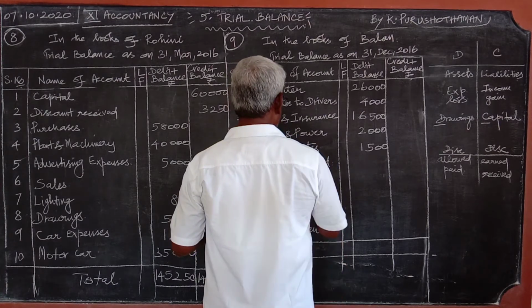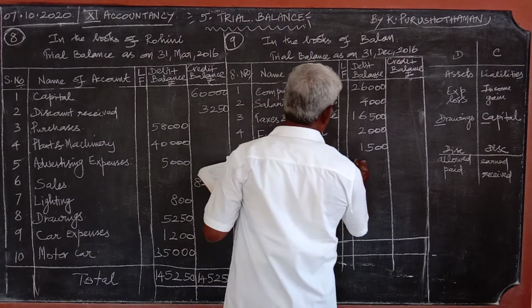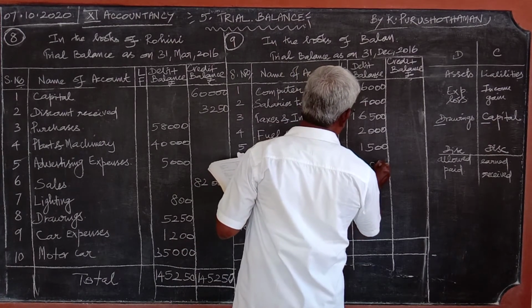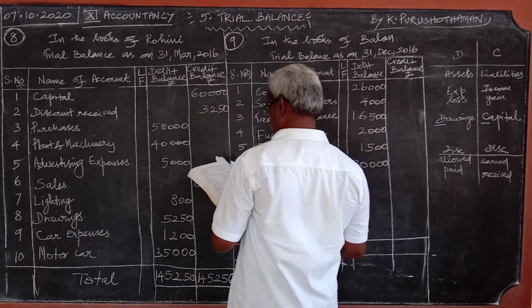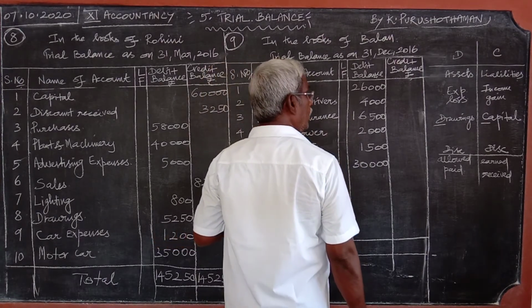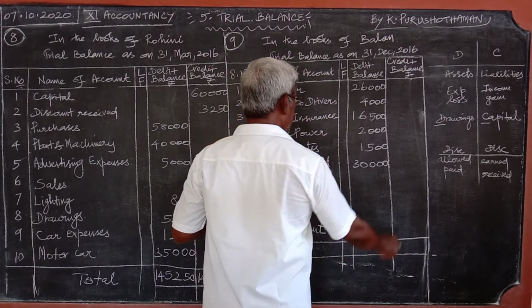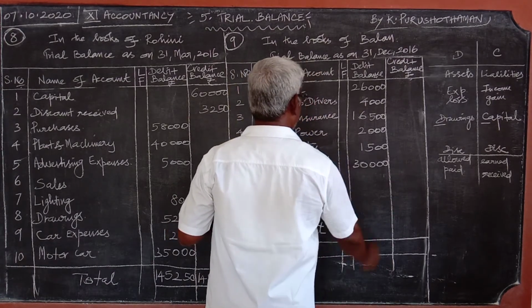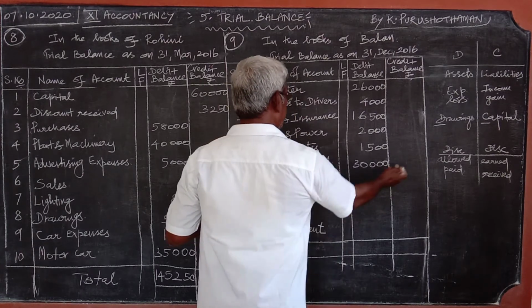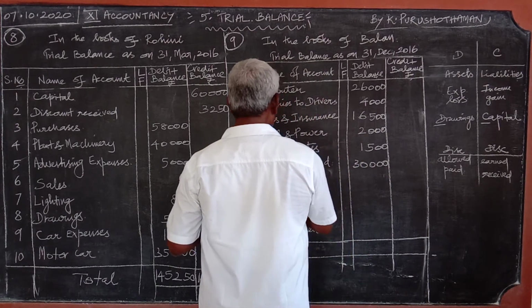Land, the word land itself shows it is an asset. 30,000. Land means asset, 30,000. Bank loan. Loan, any kind of loan, reserve, fund, all those items are liabilities, therefore on the credit. Loan is a liability. On the credit side, bank loan 15,000.